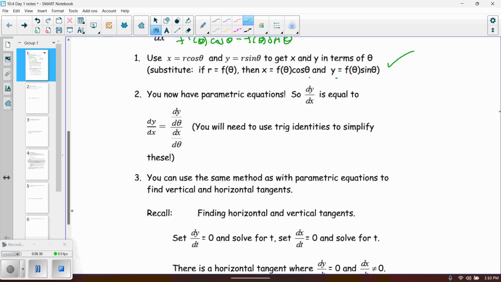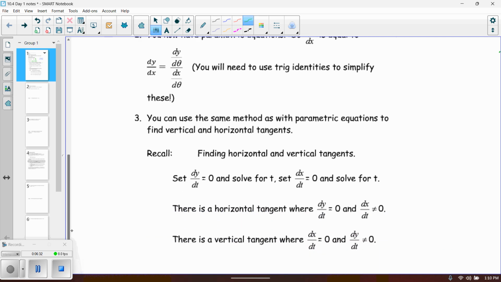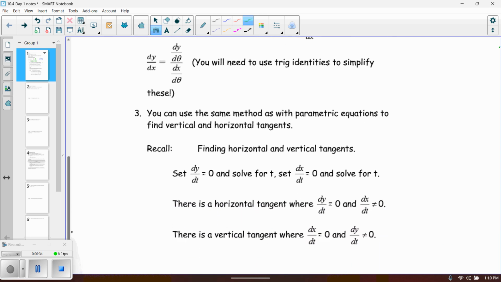In this case, you would do dy over d theta equals 0. And then for a vertical tangent, dx over d theta would have to be 0, again, as long as the numerator portion is not 0. So they both can't be 0 at the same time. So that's how you would find vertical and horizontal tangents using this derivative. And don't worry, we're going to practice at least one of these here.